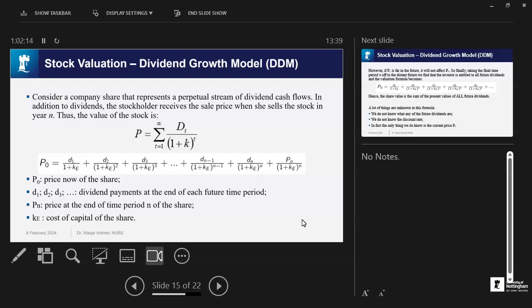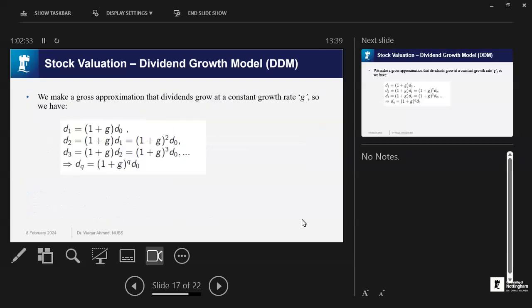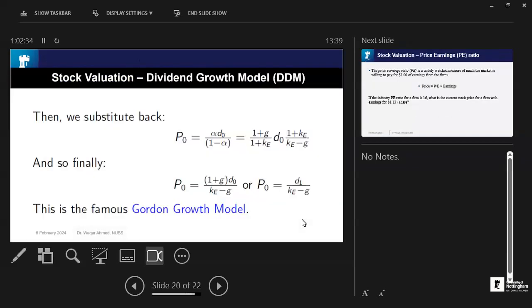So that's why, if we raise n to infinity, here in the formula it says time period t from 1 to infinity, and if n is very large, in terms of present value this becomes zero, because of the effect of discounting. So if you do all of that, this is what you are left with, which you call the Gordon growth model.